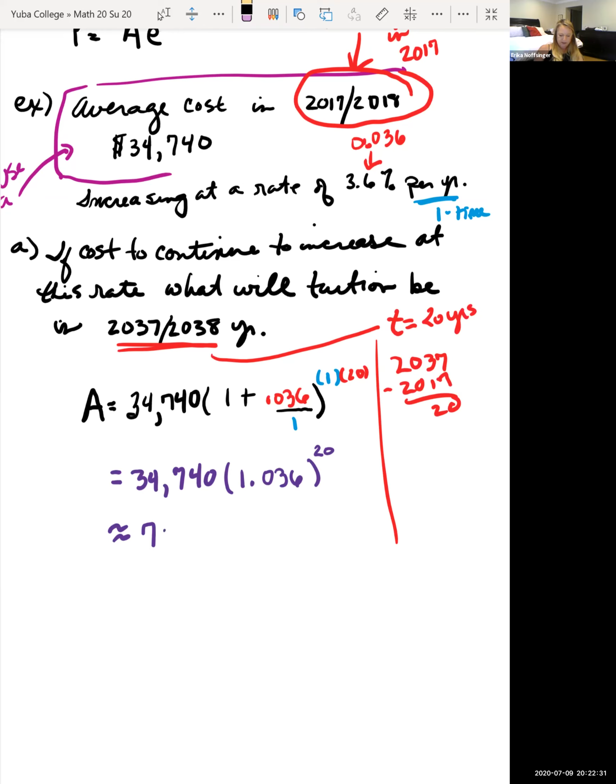So this is $70,473.35. I don't think they want the cents. They're going to be nice and give us a 35-cent discount.